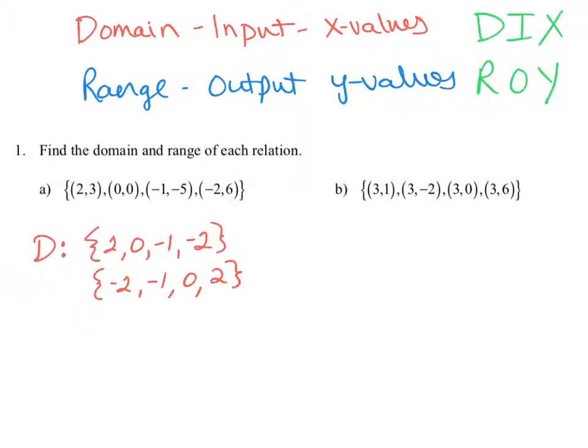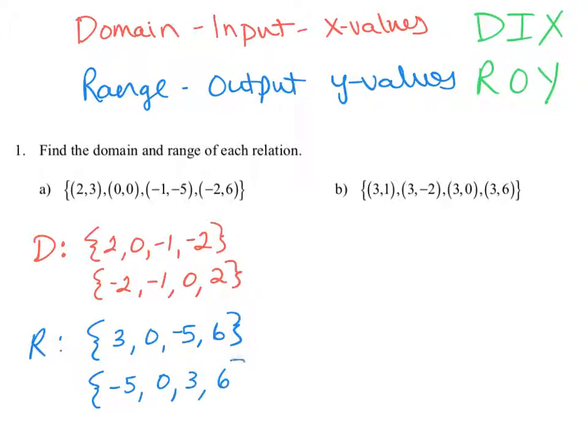Our range is the output or the y values. The range will include in this example 3, 0, -5, and 6. Those are all of the y values. In order from left to right on the number line, we can write them as -5, 0, 3, and 6.